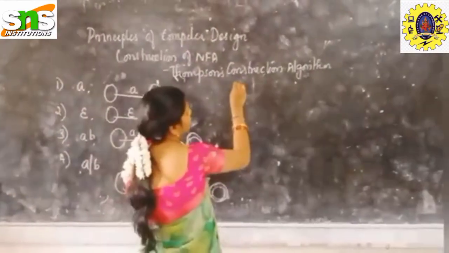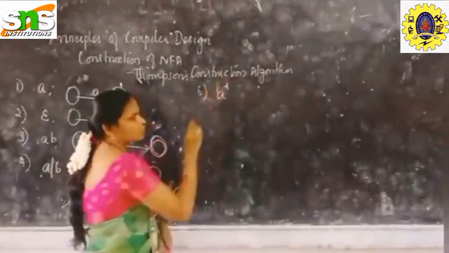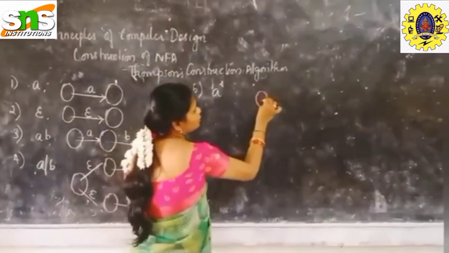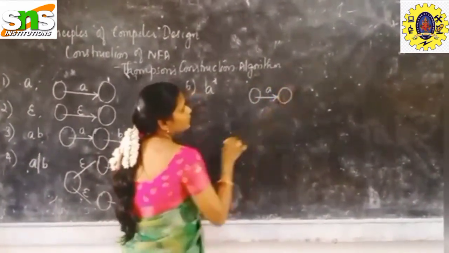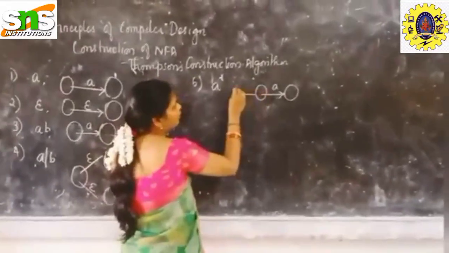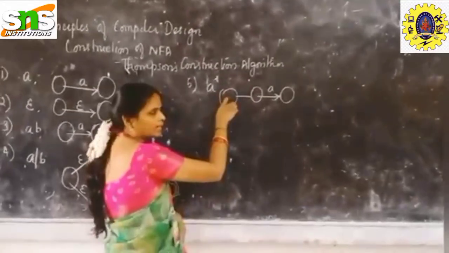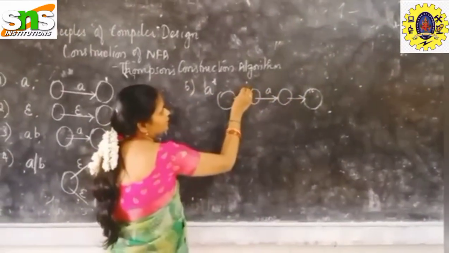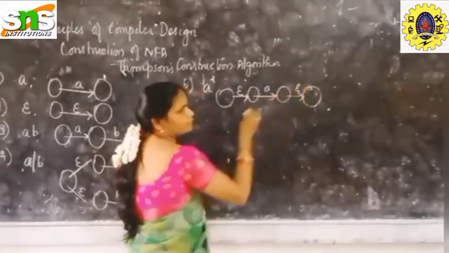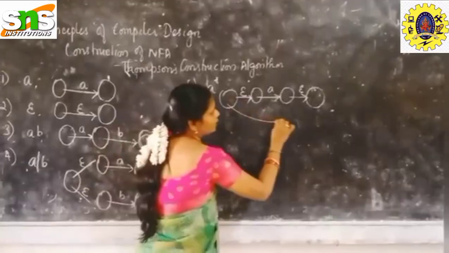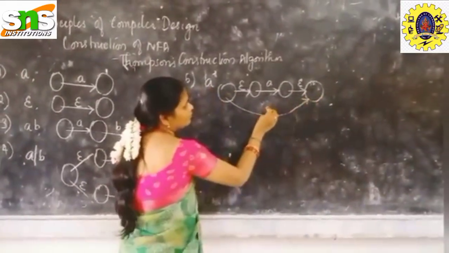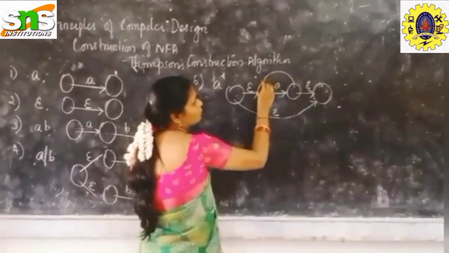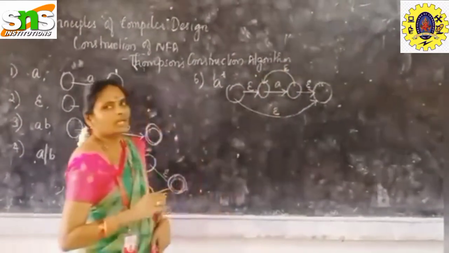Then comes A star, which indicates 0 or more occurrences of A. We take the A automata and introduce one state before the starting state and one state after the ending state. These states are marked with epsilon. From the starting towards the ending state, perform the epsilon transition, and from the last back to the first, introduce epsilon.